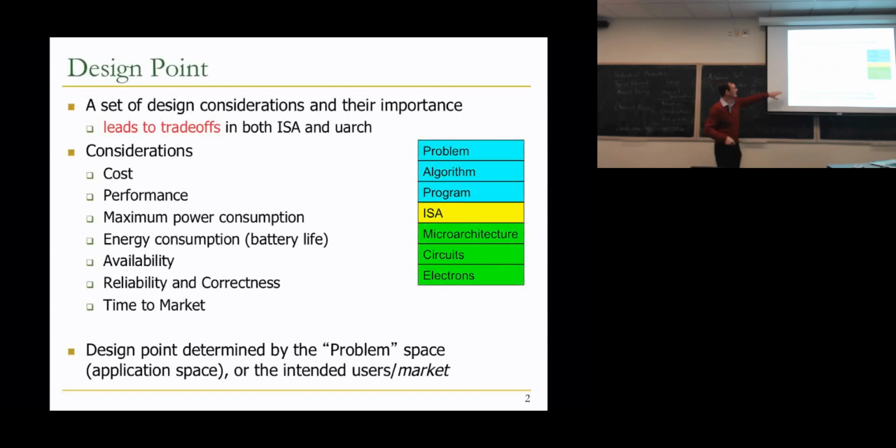And one of the things that determines cost is especially time to market. Time to market is affected by how long it takes to design the processor and how long it takes to verify the processor. You can actually trade off correctness and time to market too in your design point. For example, you can decide to market your processor early without testing it a lot. Is this a good idea? Well, maybe. It depends.